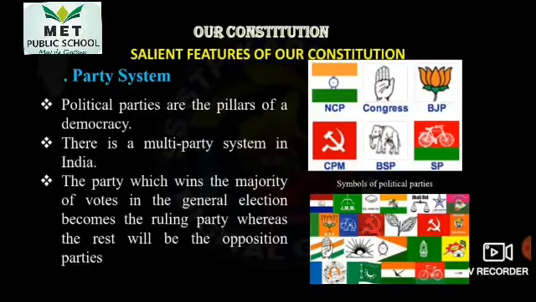So what is the Constitution? The Constitution is a set of rules and regulations which guide the administration of the country, and we can say it is the fundamental law of the country.